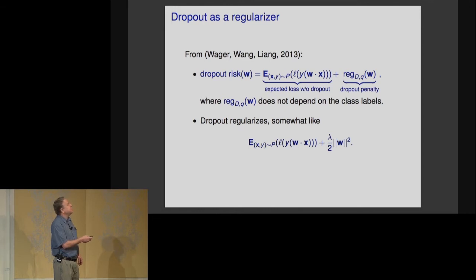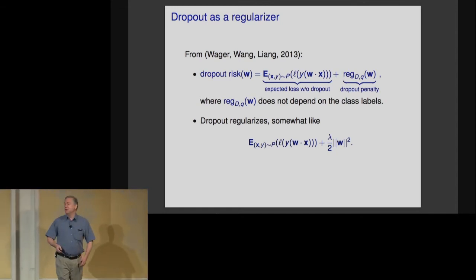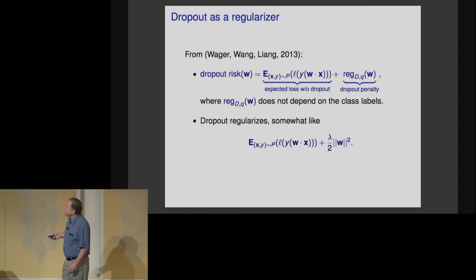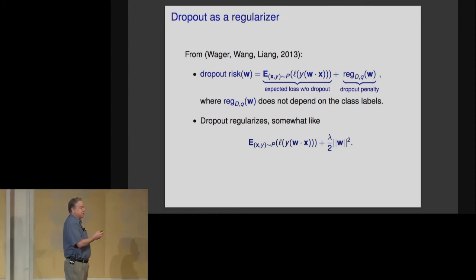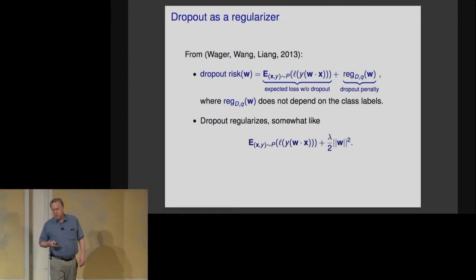It depends on the instances in the sample, but not on the labels. So that promotes its use as a regularizer. We can separate out the dependency on the labels for the dropout risk and a contribution that does not depend on the labels. And using some approximations, they show that dropout regularizes something like an adaptive two-norm regularization.